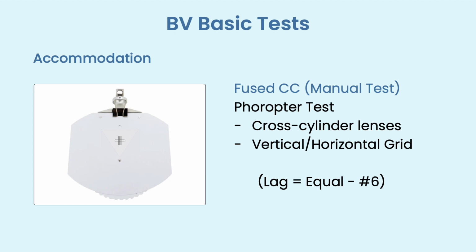If the answer is horizontal, add plus in 0.25 steps until the response is neutral, or the vertical and the horizontal lines are equally dark. This is the desired outcome. But if the patient doesn't have a neutral and jumps straight to vertical best, we're going to record the last lens that gave a horizontal best.